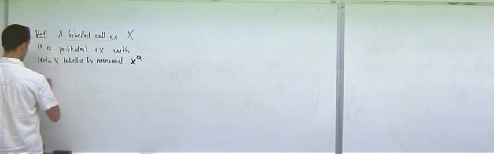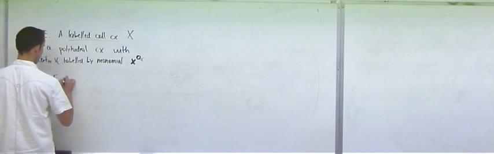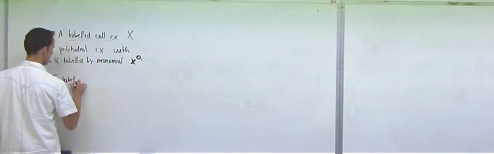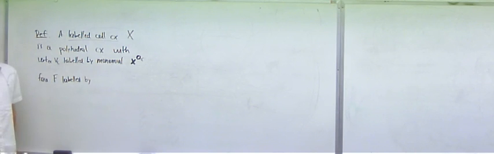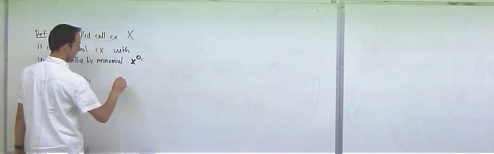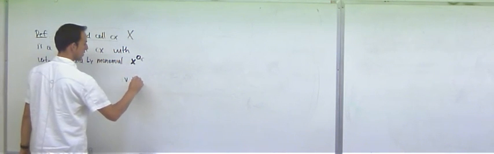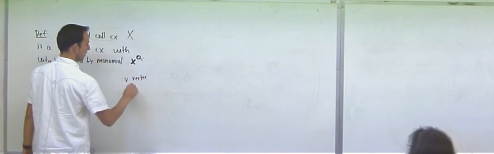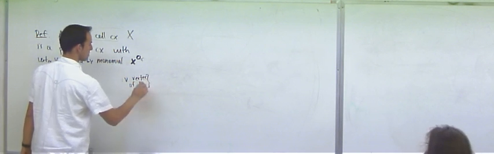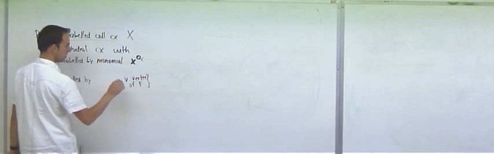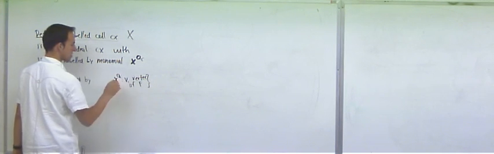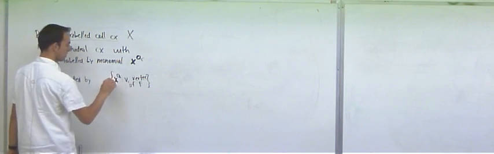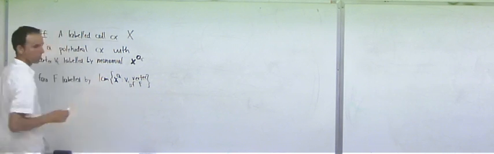A face F is labeled by what? Well, we talked about what it means to be a vertex of a face, right? To be a vertex of F. And so what you do is you consider all the vertices of your face, you take those exponents, and you take the LCM of these things. Okay?